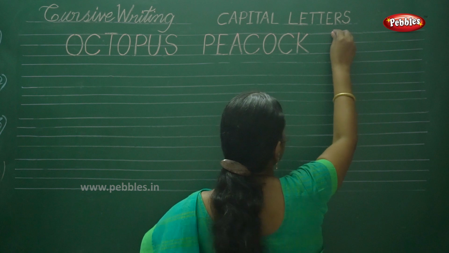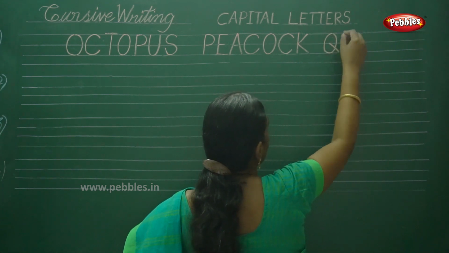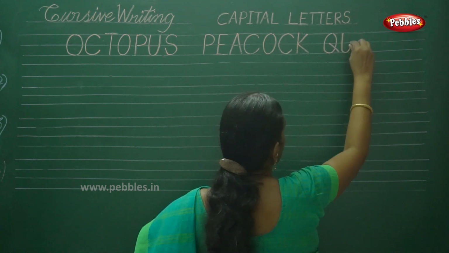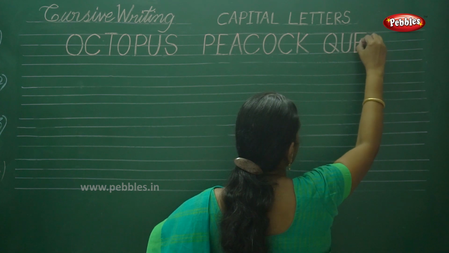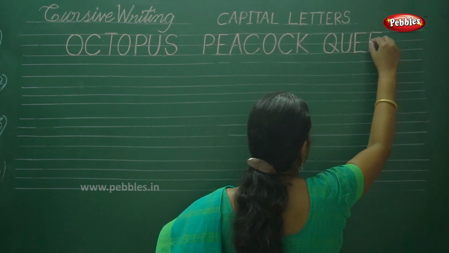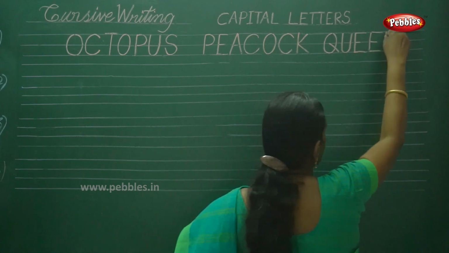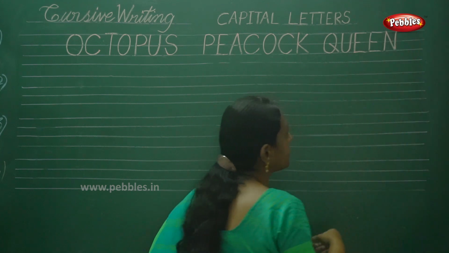Next Q, queen, Q, U and E, another E and N. Okay, queen.